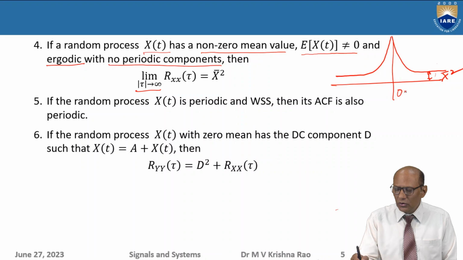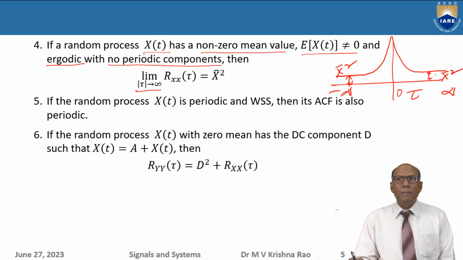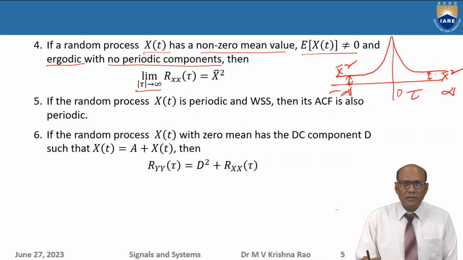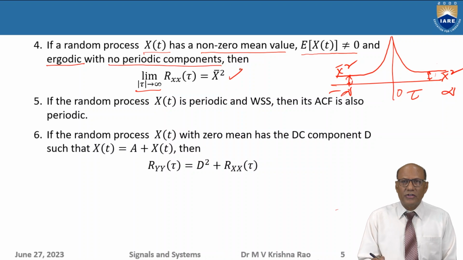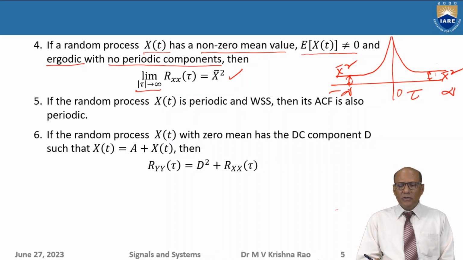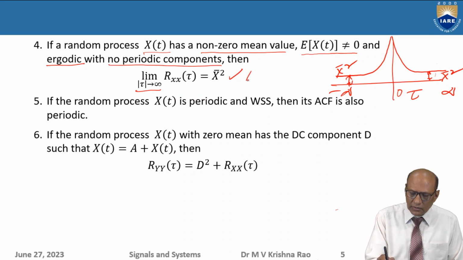This is 0, this is the tau axis, this is plus infinity, this is minus infinity. So asymptotically, the value of the autocorrelation function at infinity becomes constant. Okay, so that is the constant. That is nothing but the square of the mean value. That means this is nothing but DC power.